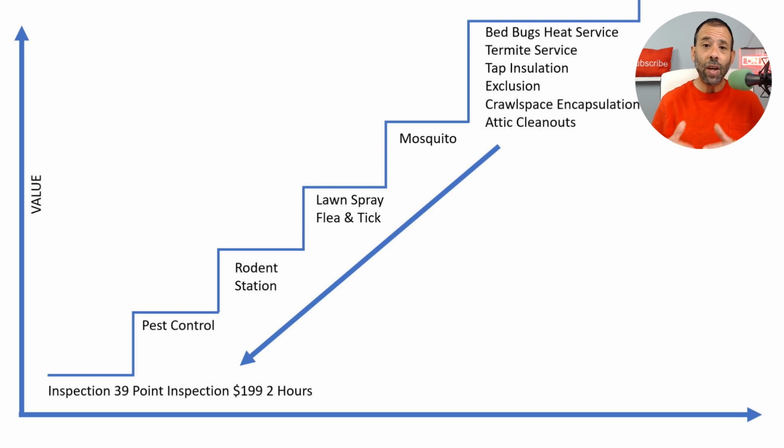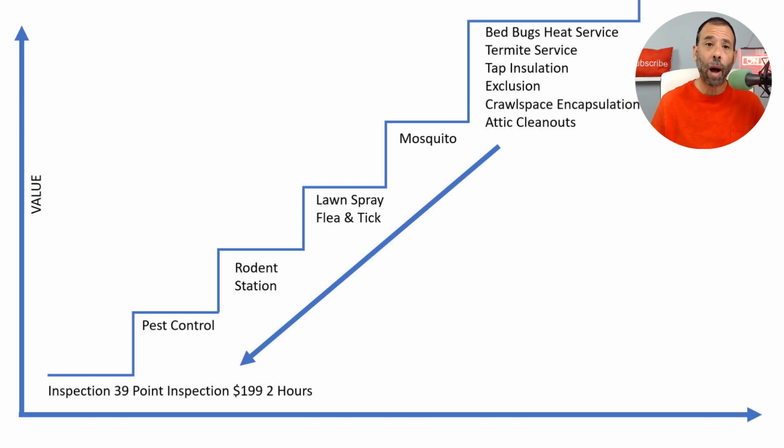Again, you're giving the customer the option. When do you stop selling? You stop selling when the customer says stop. The customer decides what they need and what they want. It is not for you to determine that.